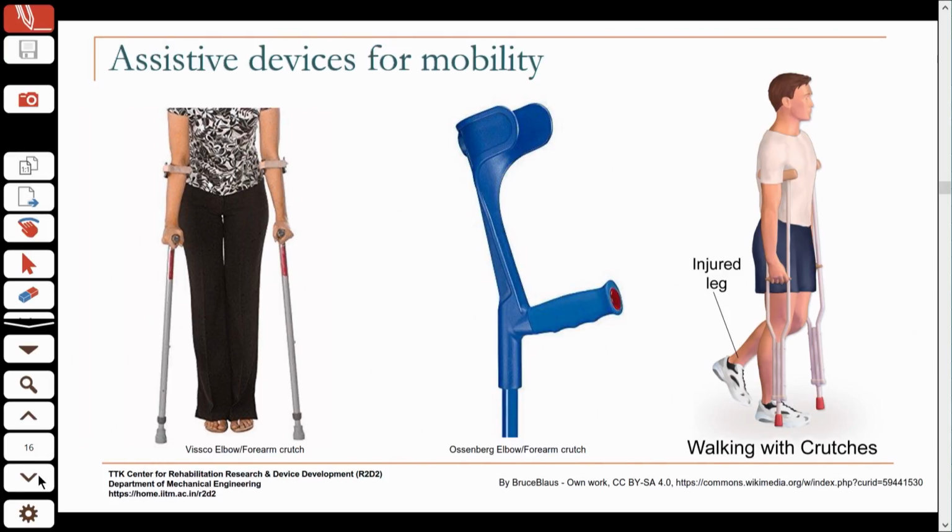Temporary would be if you have had an injury, you may use some kind of an assistive device like a crutch. So, there are some assistive devices where some of the load is borne by the assistive device, which lowers the load on the actual body and helps the person to still walk, because you are essentially now carrying a smaller load.